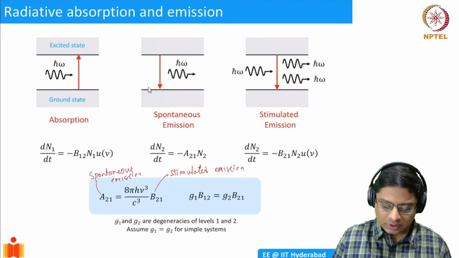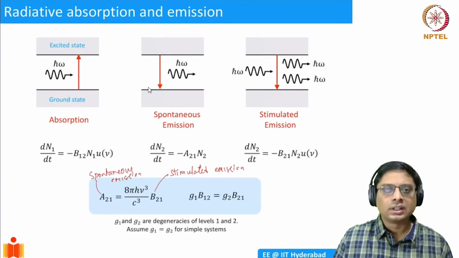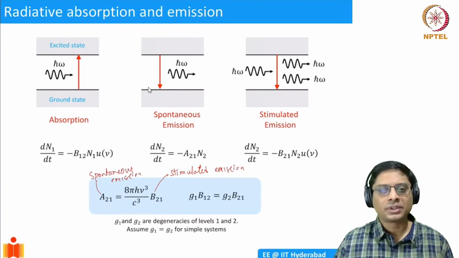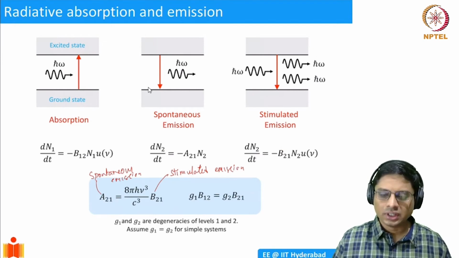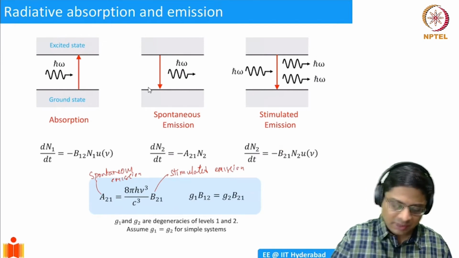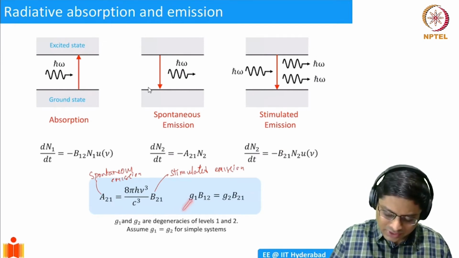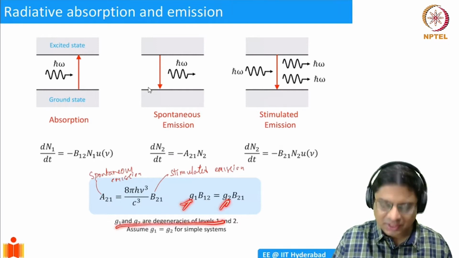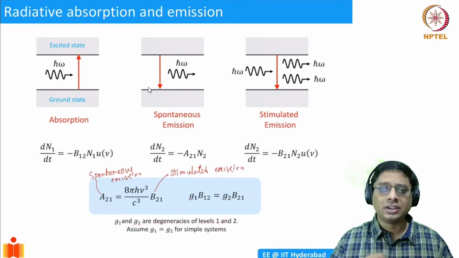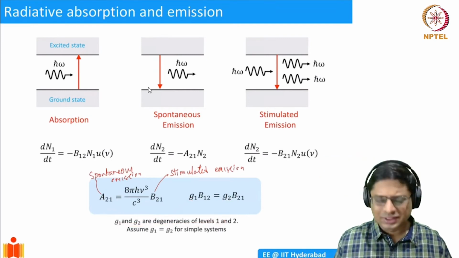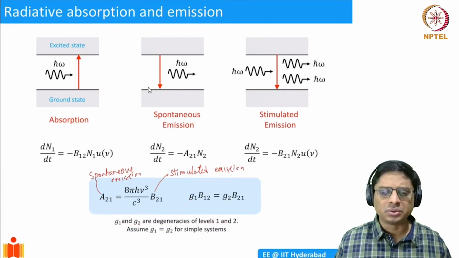Of course, stimulated emission and absorption are in some sense related because both of them require an incident photon. It's just a reverse process. So B12 and B21 are related by this relation. G1 and G2, I mentioned, are the degeneracies of level 1 and level 2. Sometimes you can have multiple levels of the same energy. For simple systems, we can assume G1 equal to G2, equal to 1.